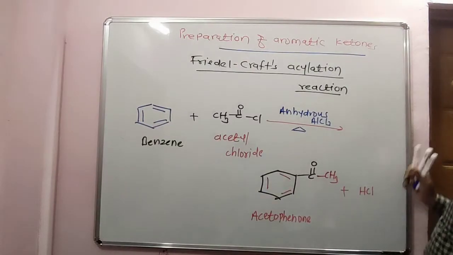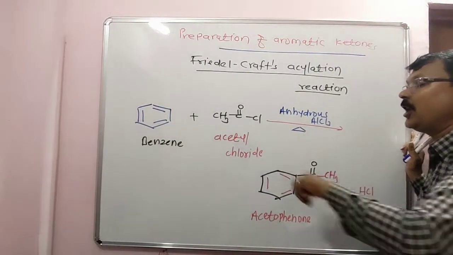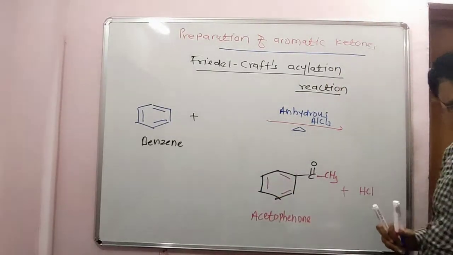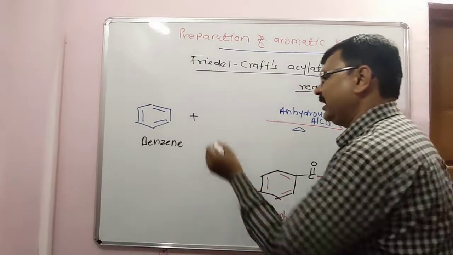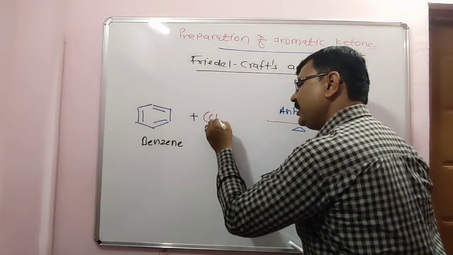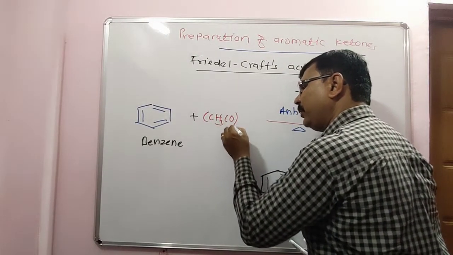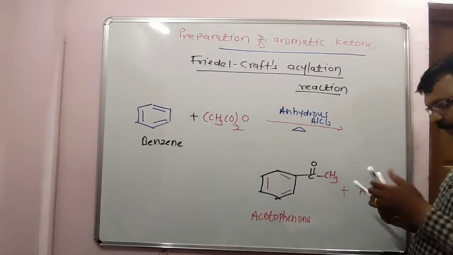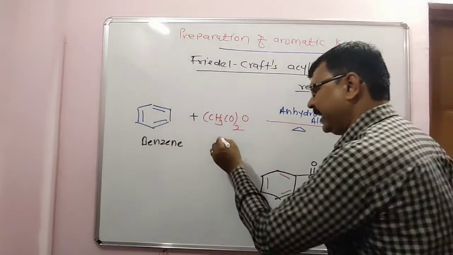Next, what is the action of acetic anhydride on benzene? A simple reaction here: (CH3CO)2O, the compound acetic anhydride.